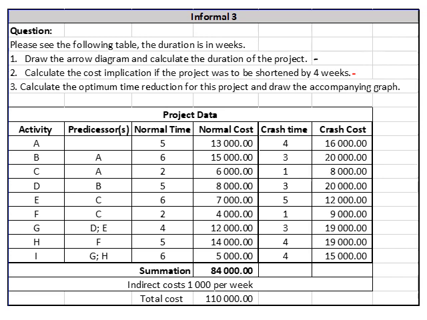Our indirect cost is R1,000 per week, and our total cost is 110,000 at the start of the project. So usually when your indirect cost is a higher amount, the spin-off of shortening it becomes actually much more diluted or closer to each other.